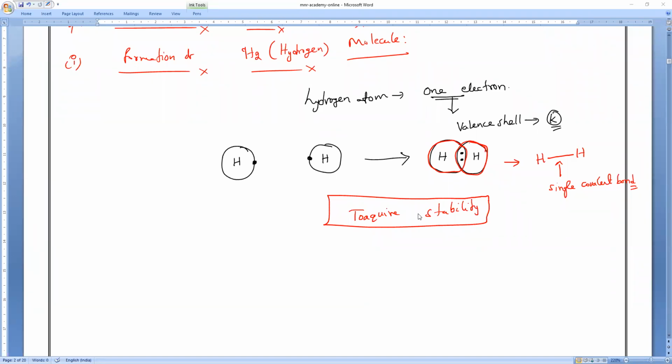Hydrogen atoms are not stable in nature. Hydrogen molecule is stable in nature. Is it okay, everyone? Clear? Make it.